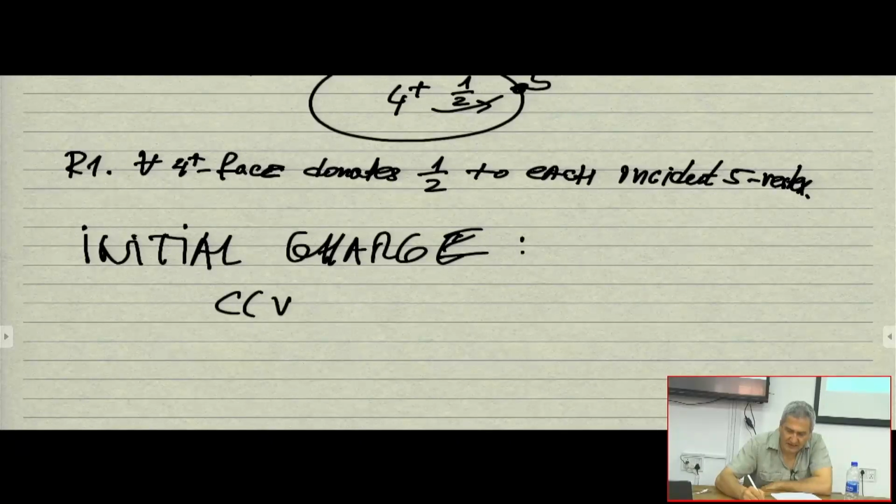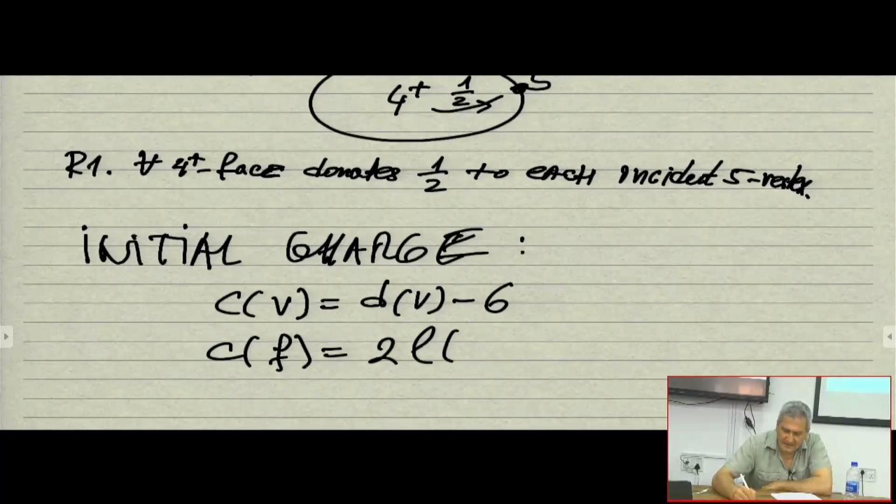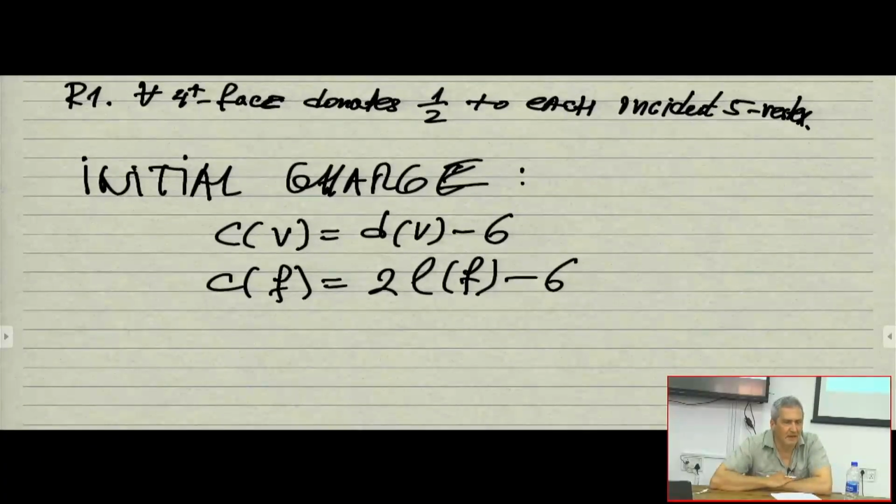For a vertex V it is degree of V minus 6, and for a face F it was 2 times the length of the face minus 6, initial charge, okay. What changed? In this graph, do we have 3 vertices? 2 vertices, 1 vertex, 4 vertices? We don't have. Our graph is critical and the minimum degree is 5.